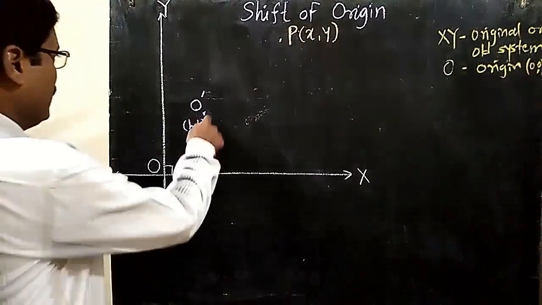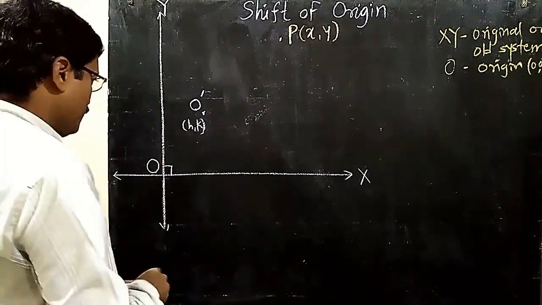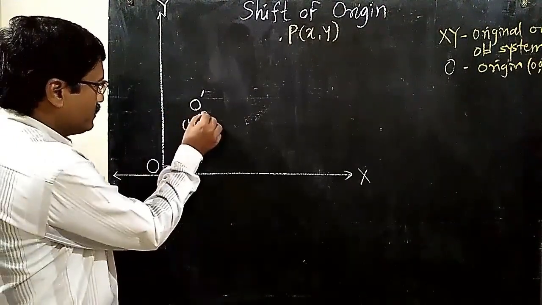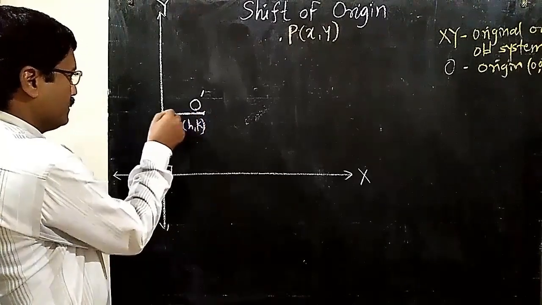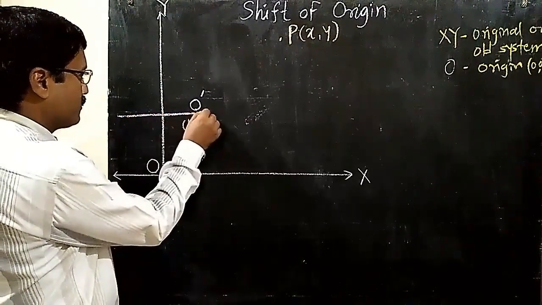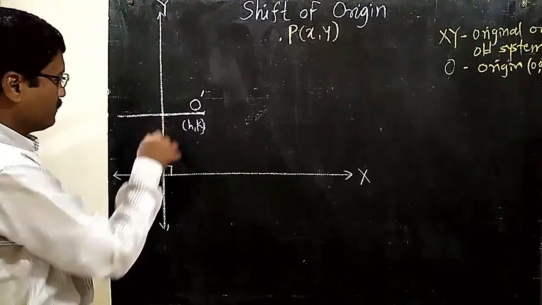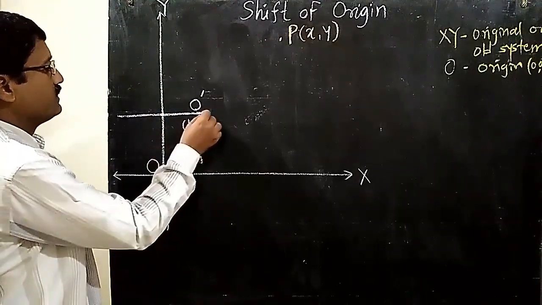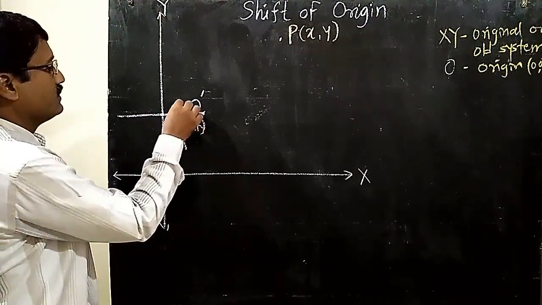If point O dash has x coordinate h and y coordinate k, this x coordinate is nothing but the distance of point from y axis. So, if you draw perpendicular from O dash on y axis, then the distance of the foot of the perpendicular from the origin is nothing but x coordinate, and its perpendicular distance is nothing but its y coordinate.